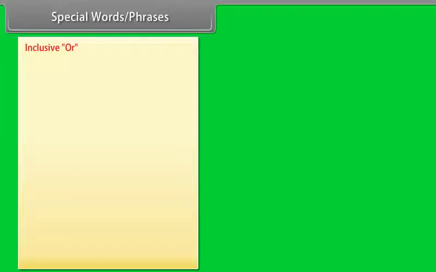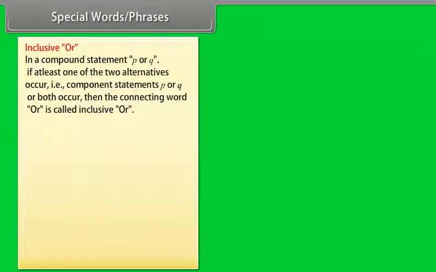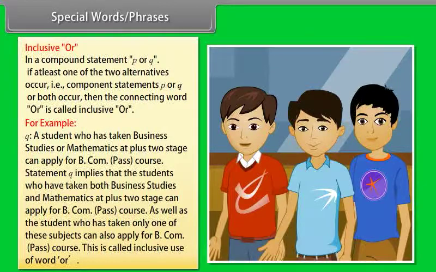Inclusive or. In a compound statement "P or Q", if at least one of the two alternatives occurs, that is, component statements P or Q or both occur, then the connecting word "or" is called inclusive or. For example, Q is a statement that a student who has taken business studies or mathematics at +2 stage can apply for BCom pass course.